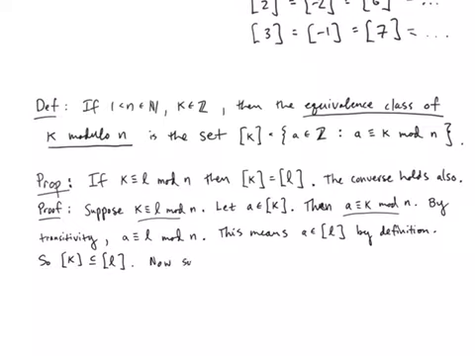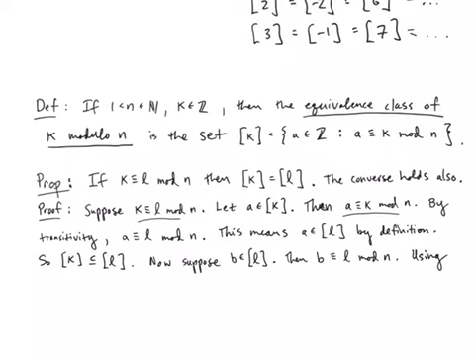Now suppose that, let's say, b is in the equivalence class of l. Well, as before, then b is equivalent to l mod n. Okay, now what we want to say is that b is in the equivalence class of k, right?